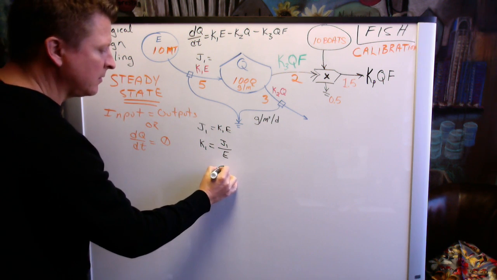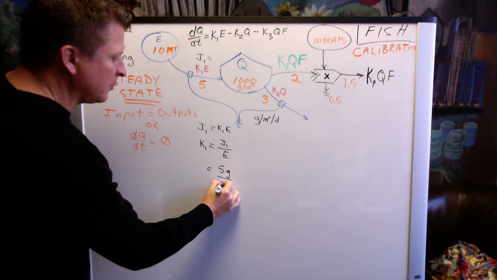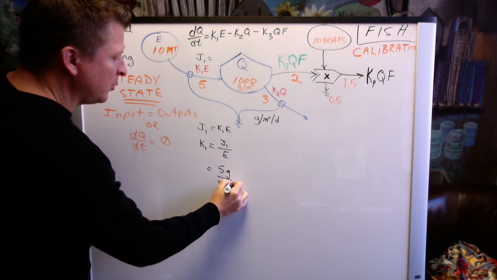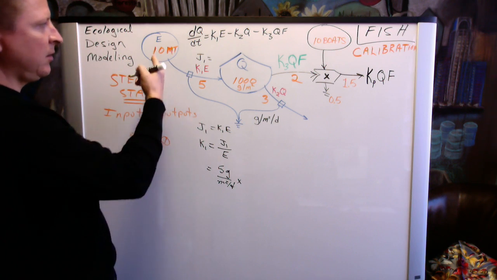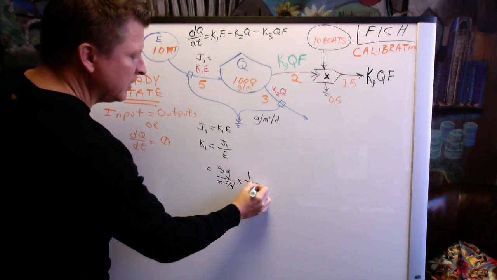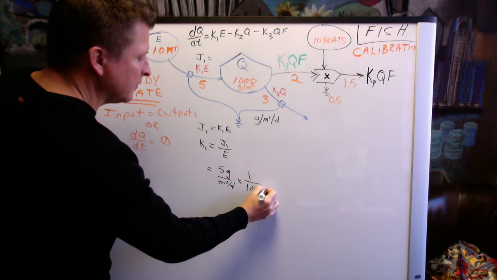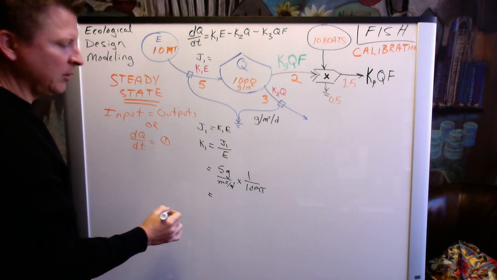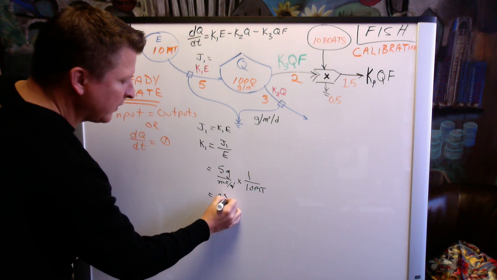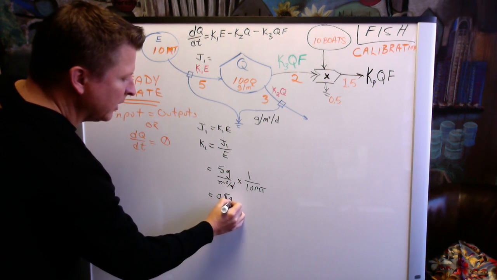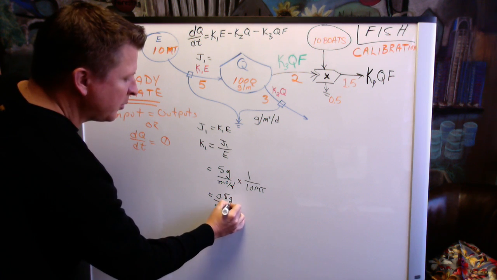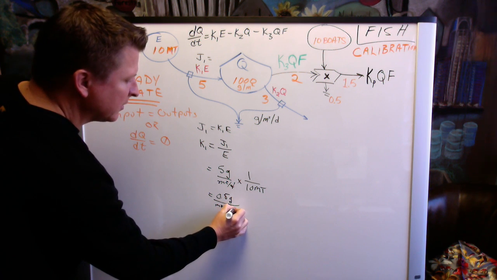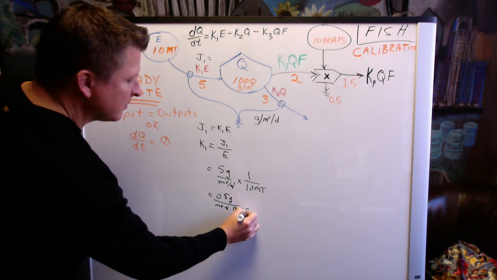We could substitute in 5 grams per square meter per day times 1 over E, which is 1 over 10 metric tons, and we would get a value of 0.5 grams per square meter day per metric ton of fish.